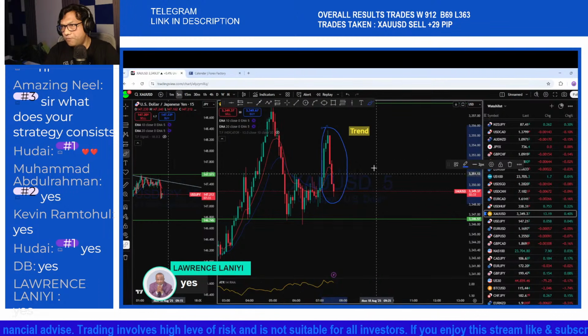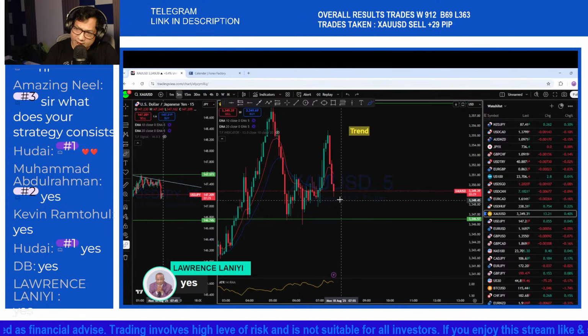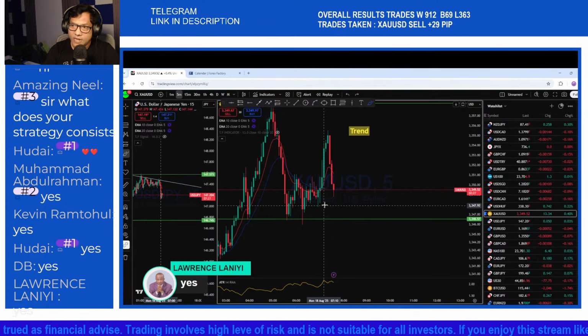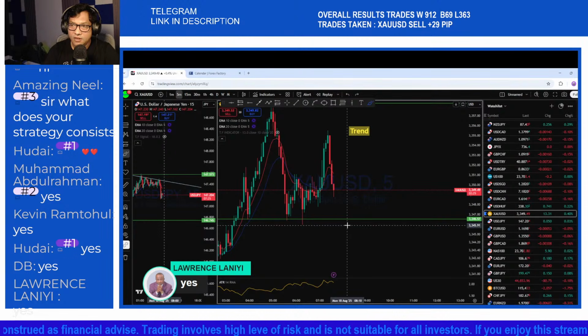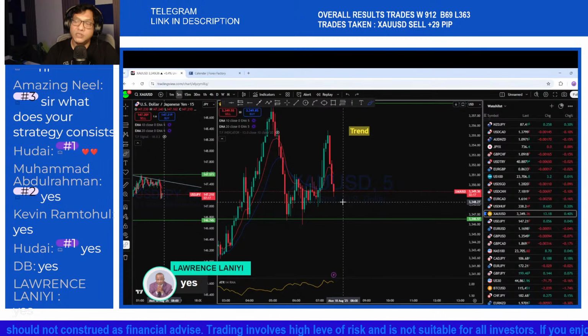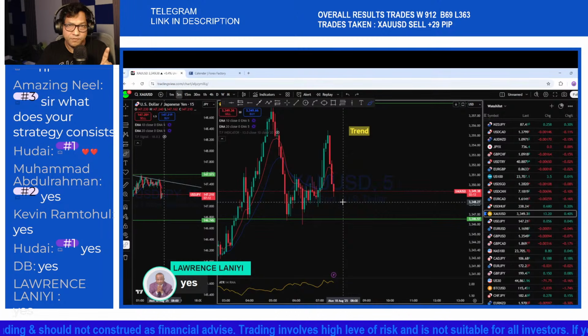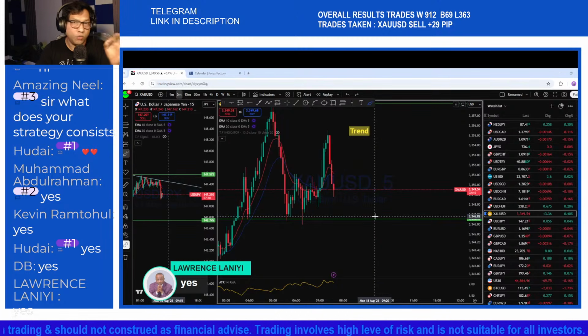In this leg, how many candlesticks can there be? Can be 6 candles or 10 candles. If there are 10 candles in this 5 minutes time frame, that means it consists of the 1 hour time frame volume.